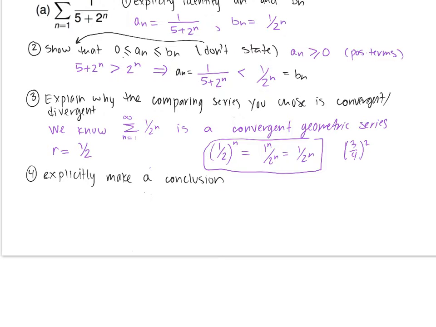There's lots of ways to say it as long as you include those components. All right. Okay, and so your conclusion is, you could say the given series, I just asked Professor Fodry if that was okay, and she said yes, is convergent by, we'll say, the direct comparison test.